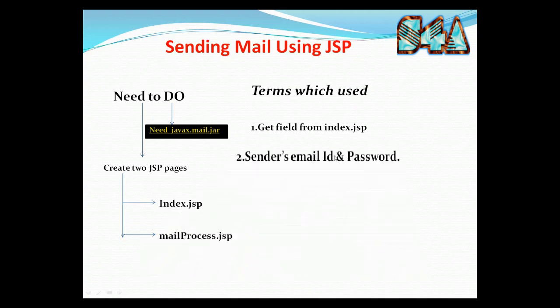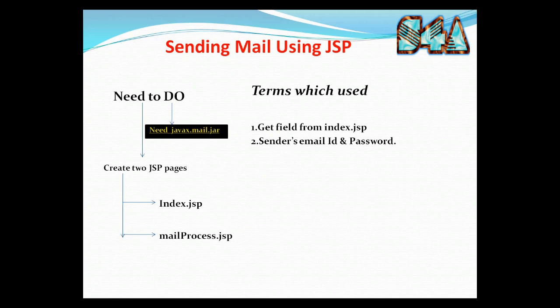Then, this is the mandatory point: you mention your sender email id and password. Why do you need this? When you send a mail to others locally, first of all we log in to Gmail, then compose the mail and send it.